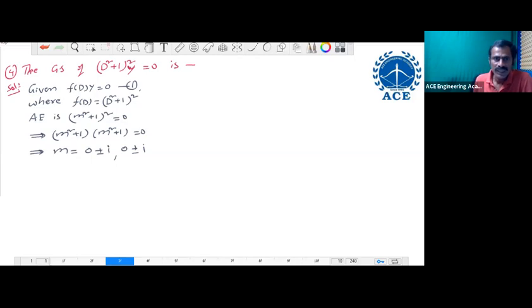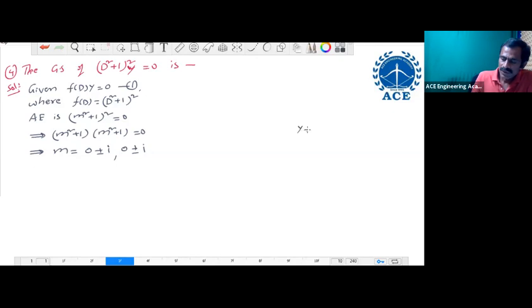Each root is repeated 2 times. If you observe the first problem in this topic, or on Friday, we did one problem with 2 repeated roots, m equal to 3, 3. In that, we wrote y equal to (c1 plus c2x) e power 3x. Like that, for repeated roots, we write the linear combination.